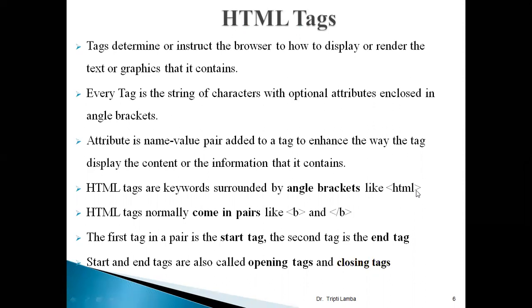Now, when HTML is a tag, it should have angle brackets, a less than and a greater than sign. So I write this less than and greater than sign. It means this is your opening tag, that is your starting tag. So you need to close this tag by a slash.